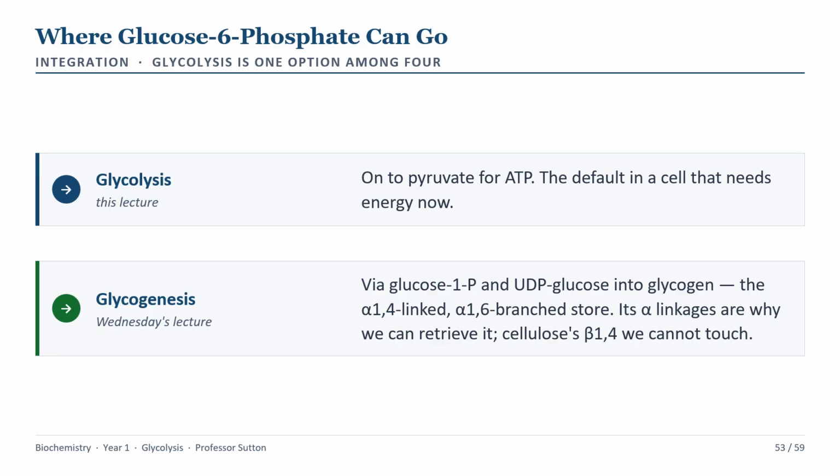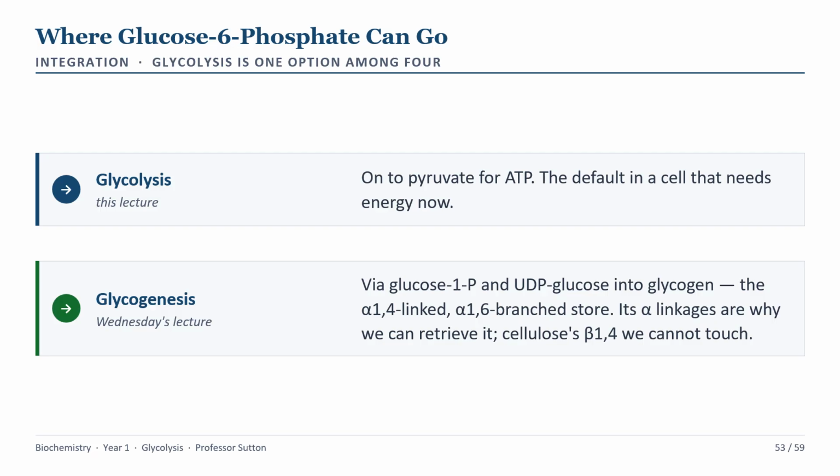Okay, so therefore, there you have it: glucose 6-phosphate sits at a 4-way junction, and glycolysis is only one of the 4. Onward through glycolysis to pyruvate for ATP. 2, into glycogen via glucose 1-phosphate and UDP glucose. 3, into the pentose phosphate pathway for NADPH and ribose 5-phosphate.